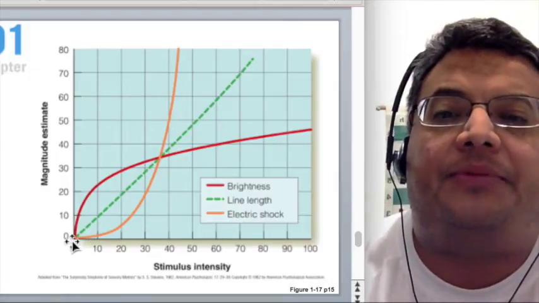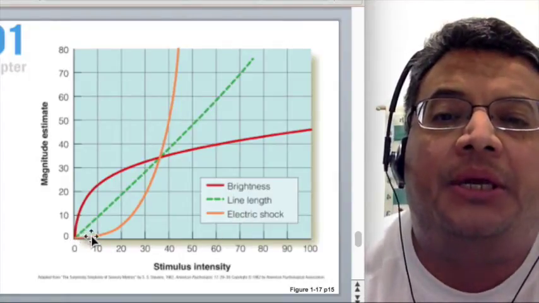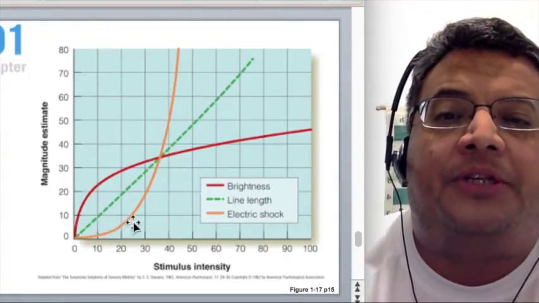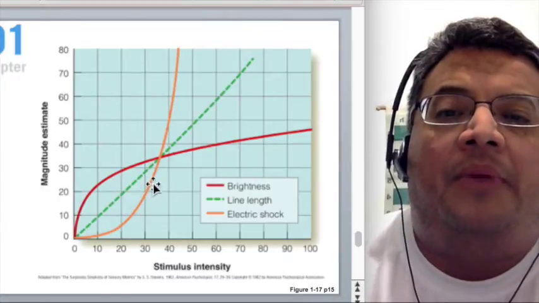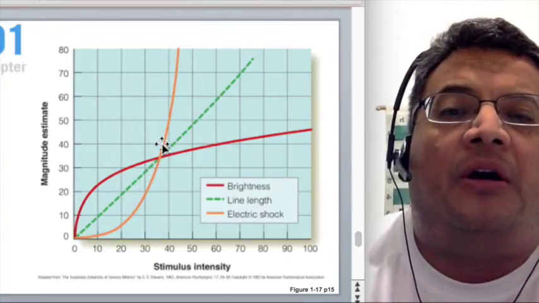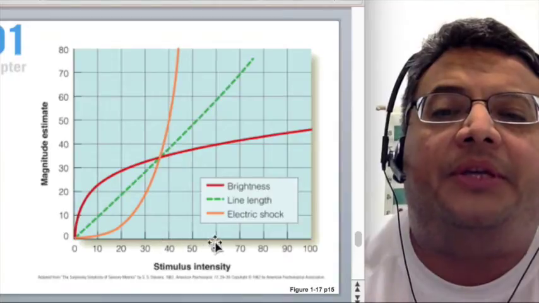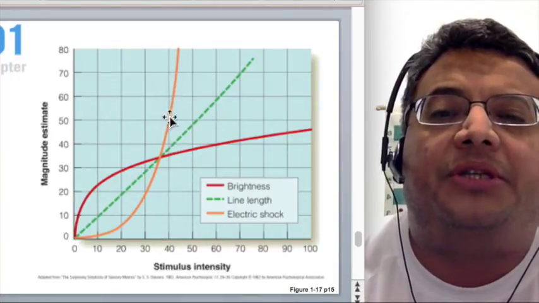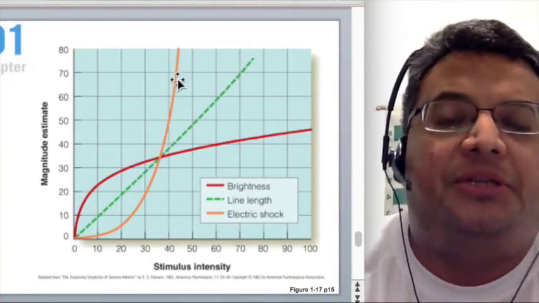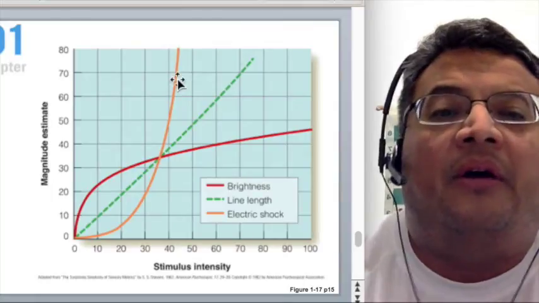Response expansion is what happens with electric shock. If I gave you some tiny electric shocks, you'd feel them, and they'd start to hurt more and more. But after I hit a certain intensity, small increases in that intensity would result in huge changes in how much it hurt.